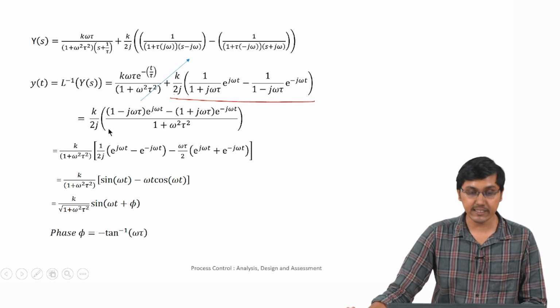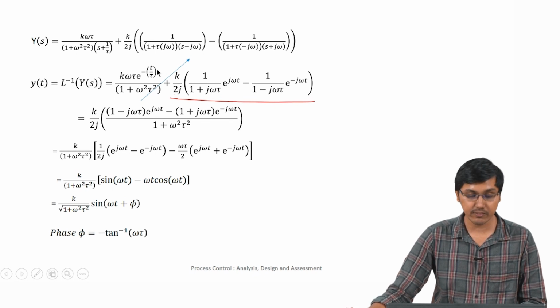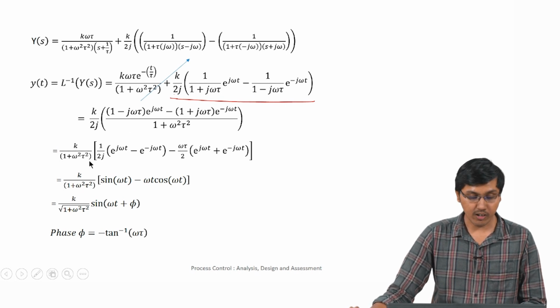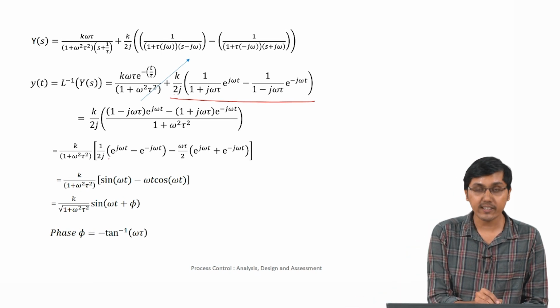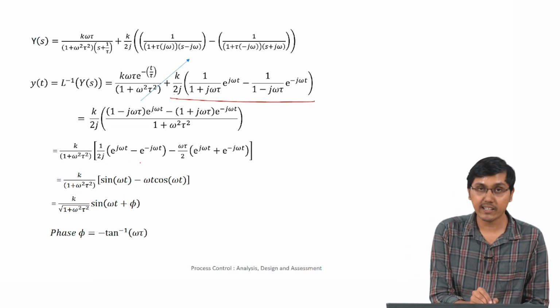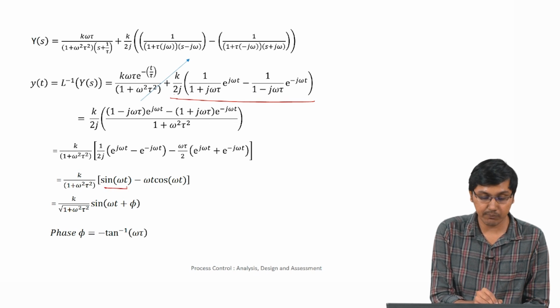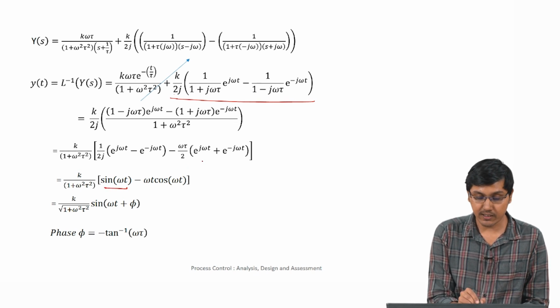And if you can see here, this particular term is what remains when time tends to infinity. We can rewrite this term, and on simplification it becomes of this particular form. We know that 1 by 2j times e power j omega t minus e power minus j omega t is nothing but sin omega t, and 1 by 2 times e power j omega t plus e power minus j omega t becomes cos omega t.